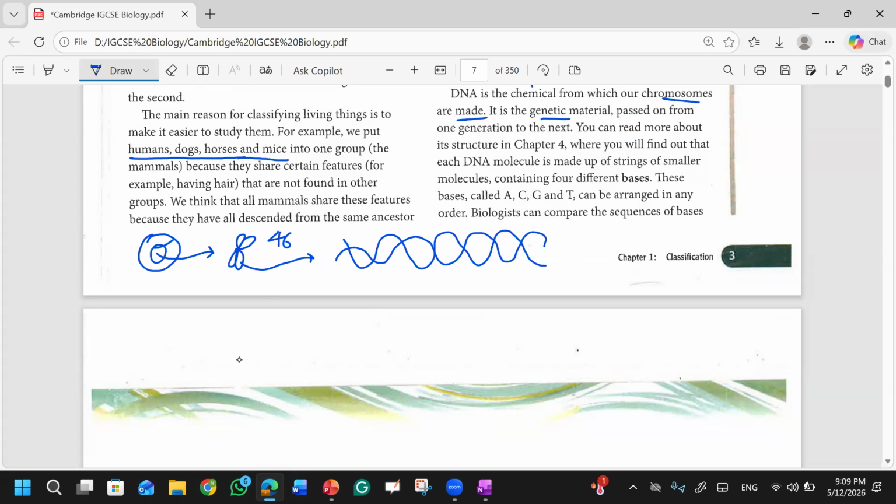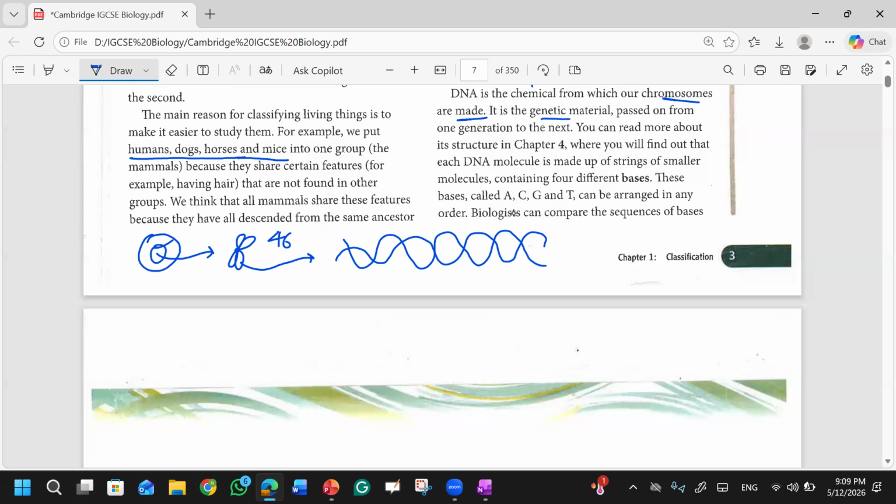Whenever someone asks you what a genetic material is, in simple words we can say it is a material which is passed on from one generation to the next, and it carries some specific traits. In the genes you have specific traits which are transferred from one generation to the next.